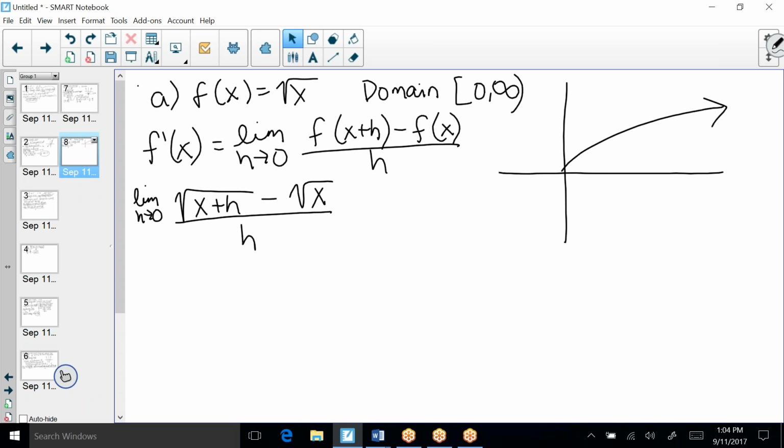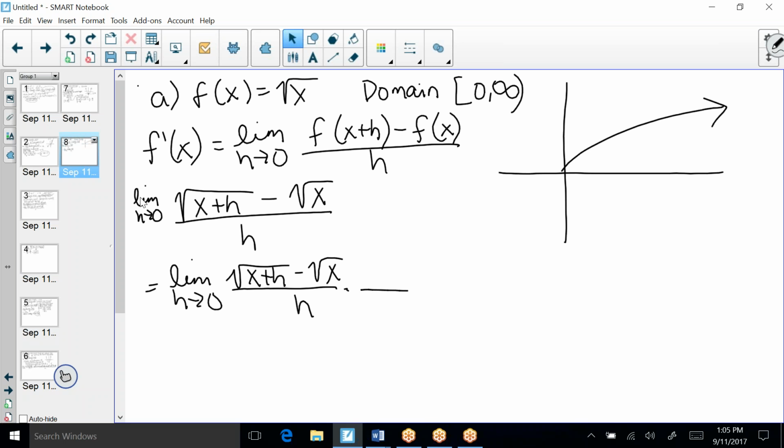Yeah, we can multiply the top and the bottom by the conjugate of that radical term. So looking at the numerator, we have square root of x plus h minus square root of x. So we're going to multiply the bottom and the top by something.